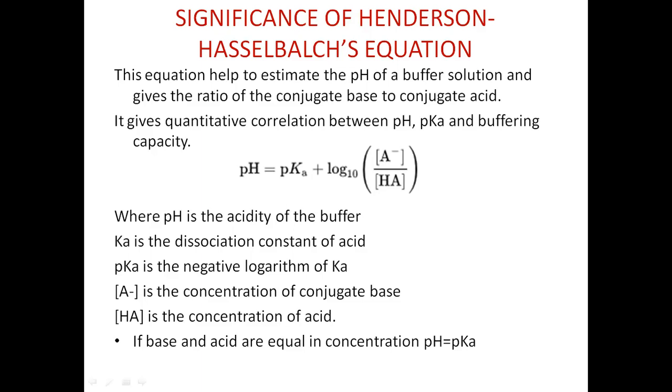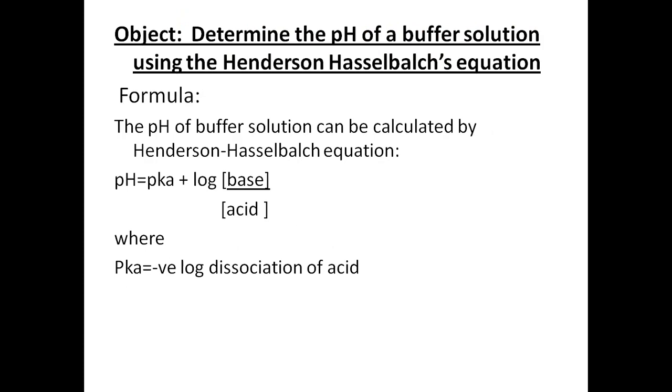A is the concentration of conjugate base, and HA is the concentration of conjugate acid. So if the base and acid are equal in concentration, pH will be equal to the pKa, or the dissociation constant, right? So this was all about the Henderson-Hasselbalch equation.